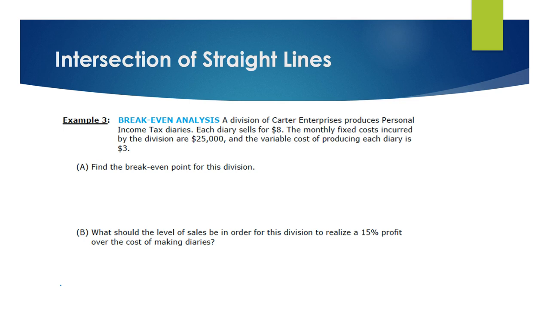Okay, so first off, we're asking for a break-even point. We do have enough information to come up with a cost function and a revenue function, which means I can figure out a profit function. We know that the break-even point is when the profit function equals 0.